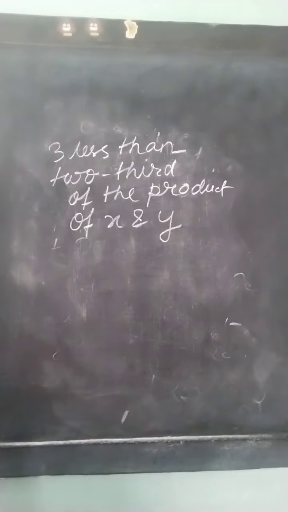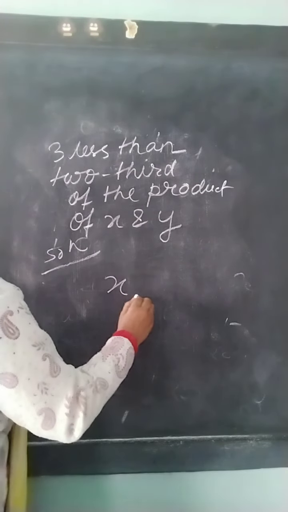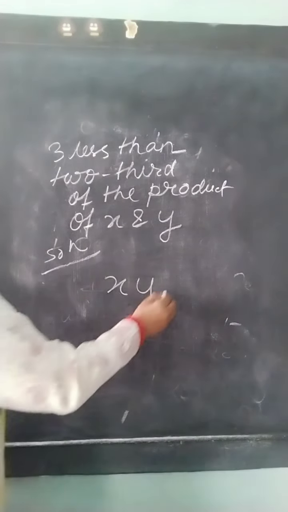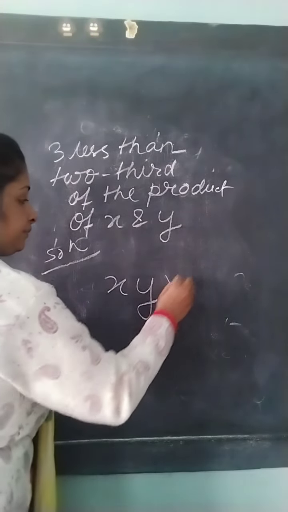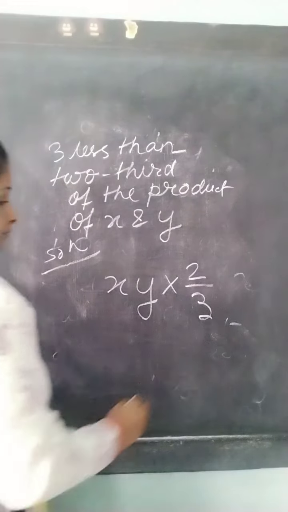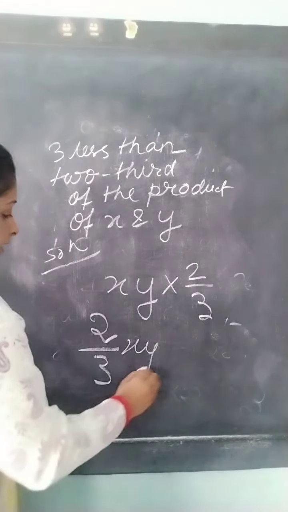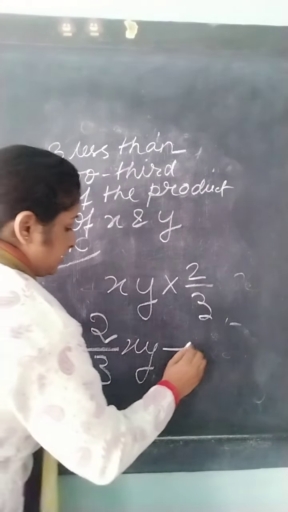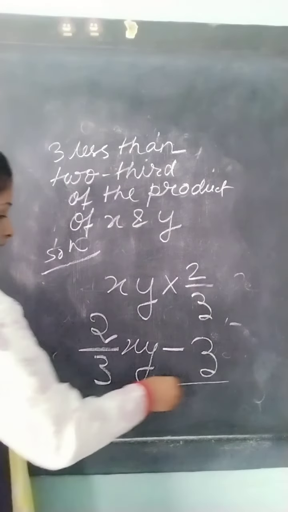The product of x and y means x into y, that is xy. 3 less than 2/3 of xy. So 2/3 of xy means 2/3 into xy, and 3 less than means minus 3. This will be the answer.